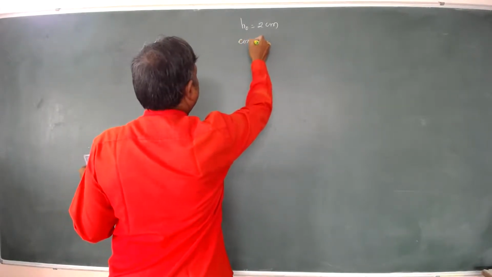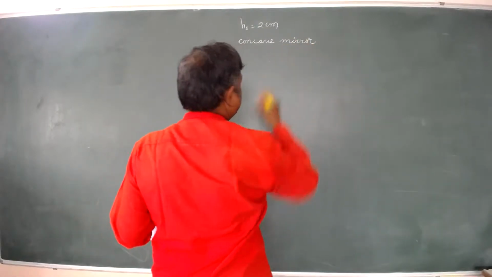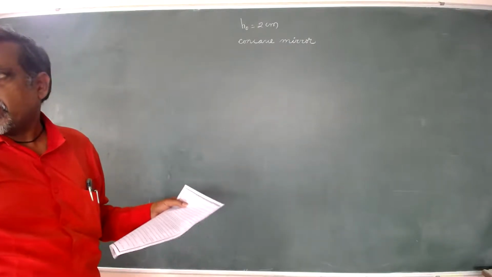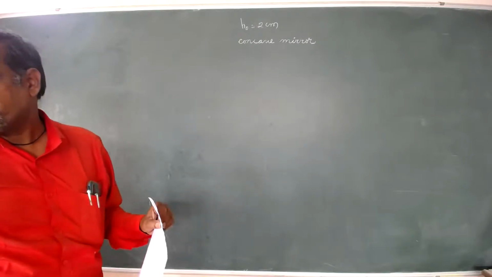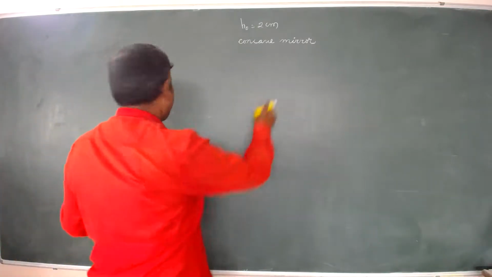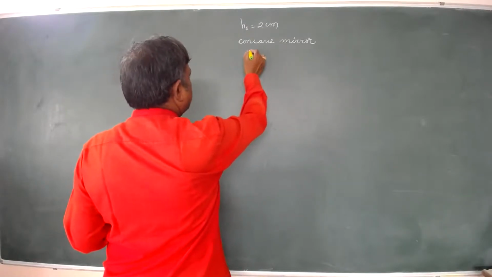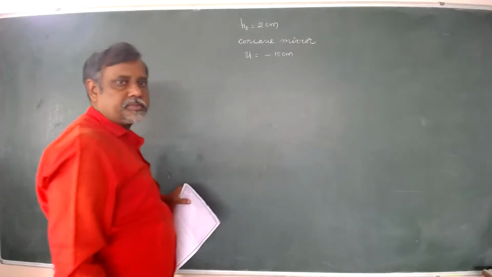So this is a concave mirror. You write like this. For that particular mirror, should the focal length be taken as positive or negative, there will be some clarity in your mind. Now 15 centimeter is the object distance, minus 15 centimeter. Why minus?